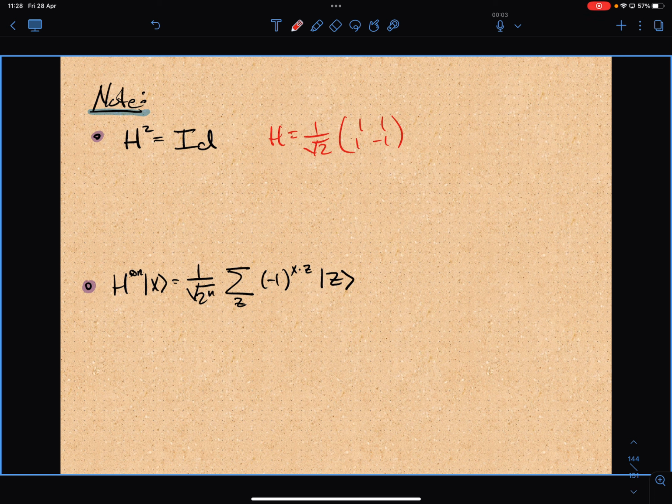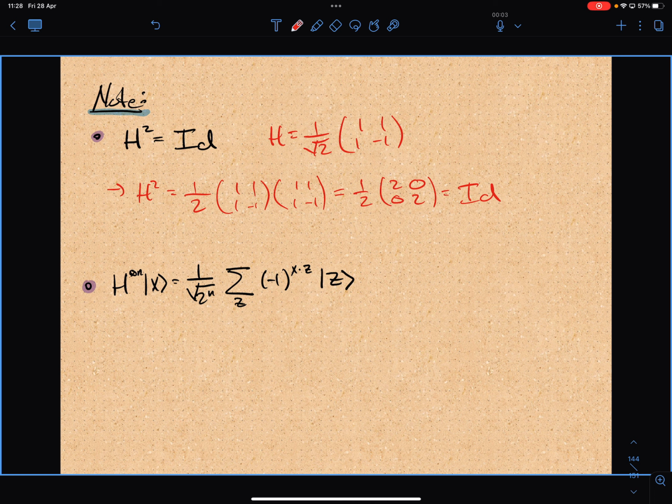So h squared is equal to 1/2 times the matrix 1, 1, 1, minus 1 times itself, which gives 1/2 times 2, 0, 0, 2. So we have the identity. This is a straightforward check.